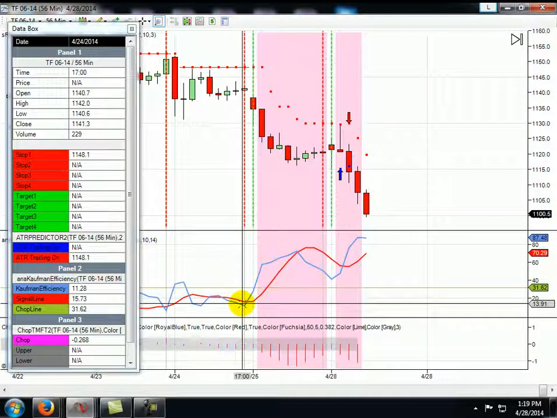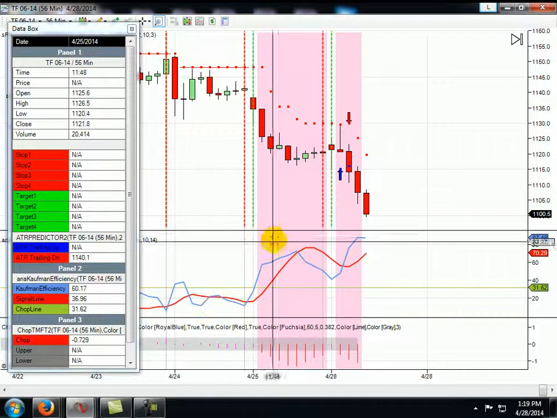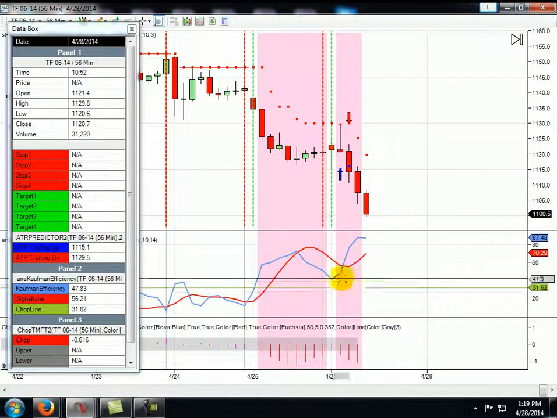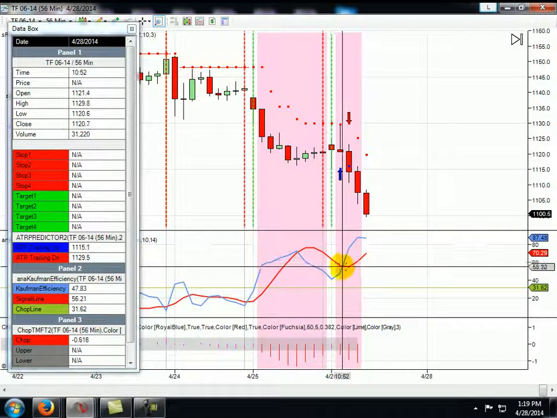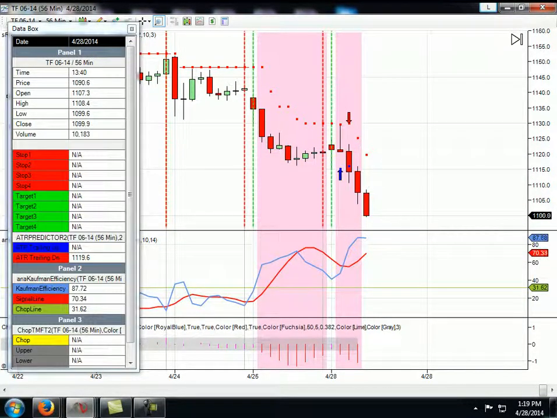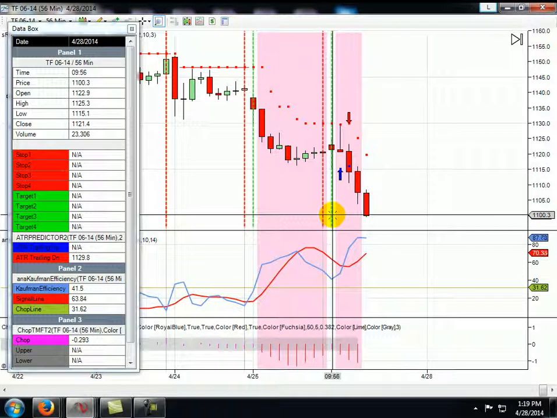Now, we will miss some opportunities, but by and large, if we're above this 31.62 chop line, and we get our crossovers here, and our ATR and our CGO are in accordance, then it appears that we're stepping into some high probability moves.